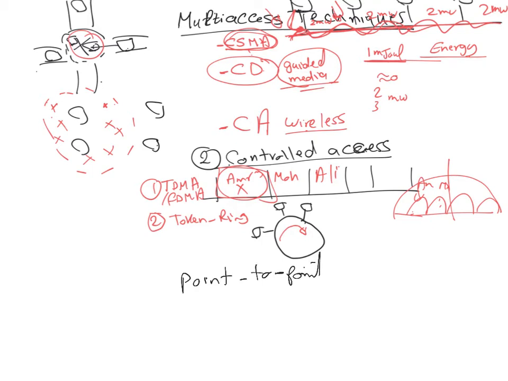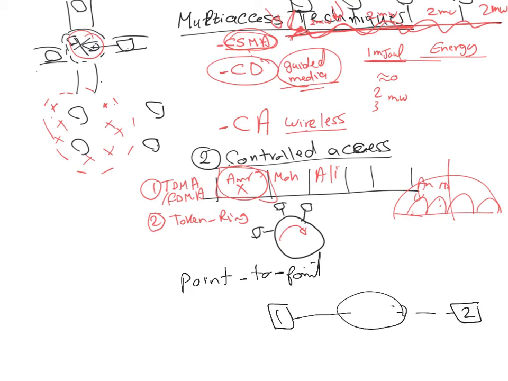In point-to-point, we have only two nodes, node 1 and node 2, and only one medium between them. So there is no multiple access here. Not so many nodes are sharing one medium. It's only two nodes, connected point to point.